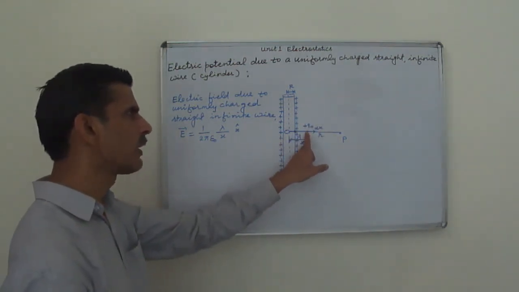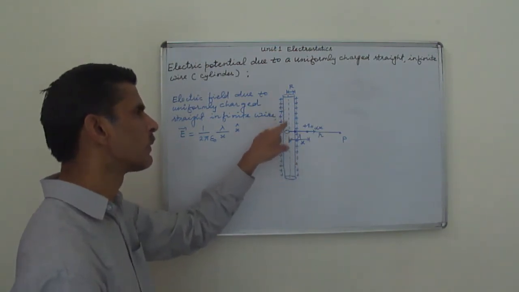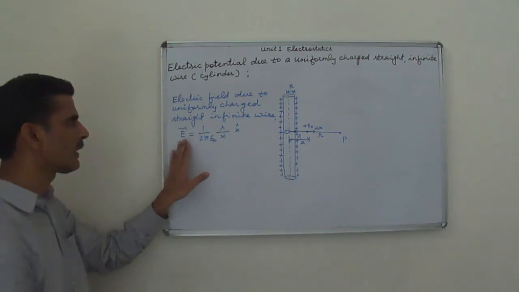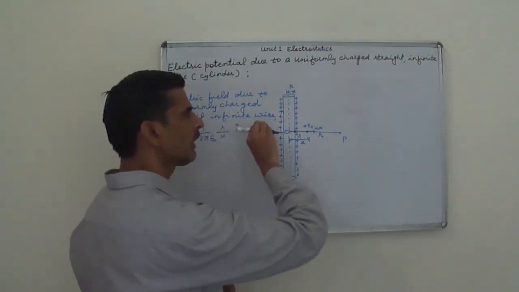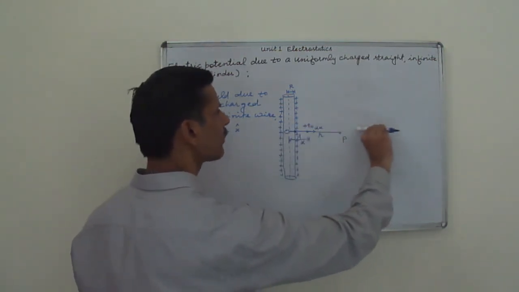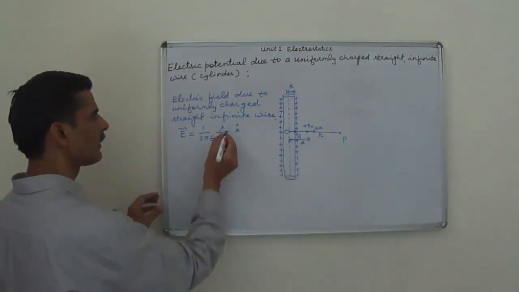Here at this point, which is x distance away from the center of the wire, electric field is given by this relation. X cap is the unit vector along this straight line, that is rightward.